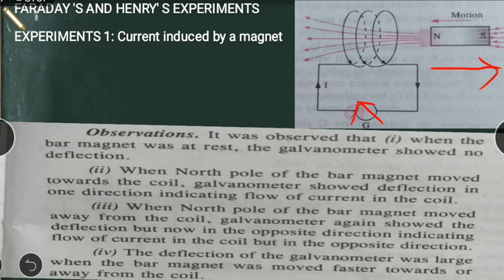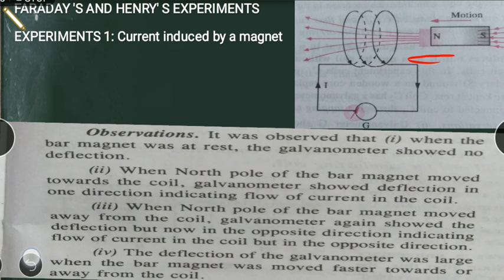It has also been observed that if the magnet is moved towards the coil faster and taken away faster, then the galvanometer shows a larger deflection.